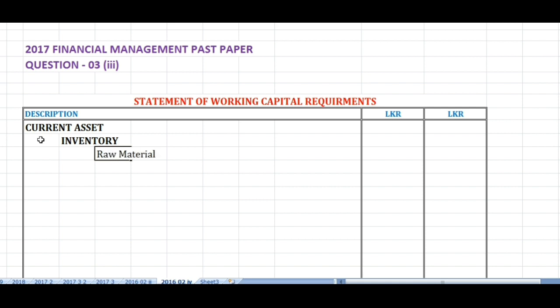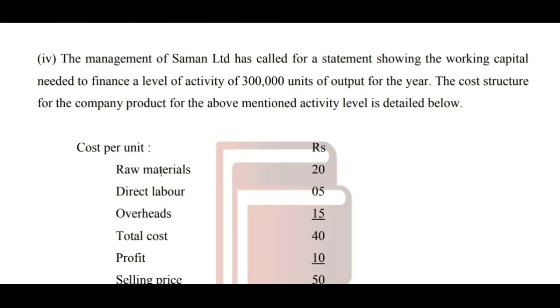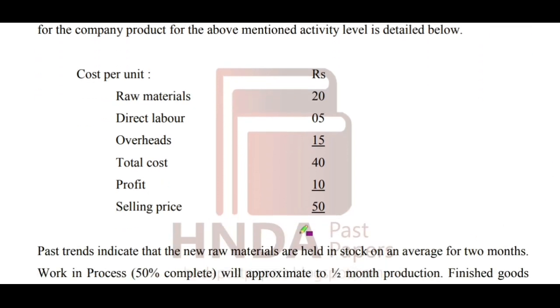Therefore, raw material. As per the question, activity level is 300,000 units for the year. Raw material per unit is 20 rupees. And raw material stock on an average for 2 months.